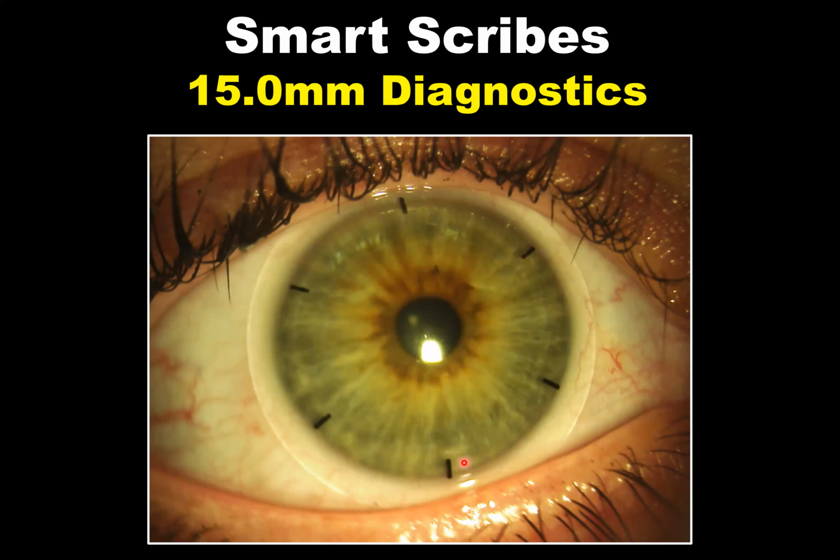These Zone 3 limbal lift markers are meant to show you when the diameter needs to be increased. So for instance, at least some of this marker should be on the conjunctiva. This is the width of the zone 3 of the lens. And if 100% of the limbal lift zone marker is within the borders of the visible iris, that's telling you you have too small a lens. You need to go larger.